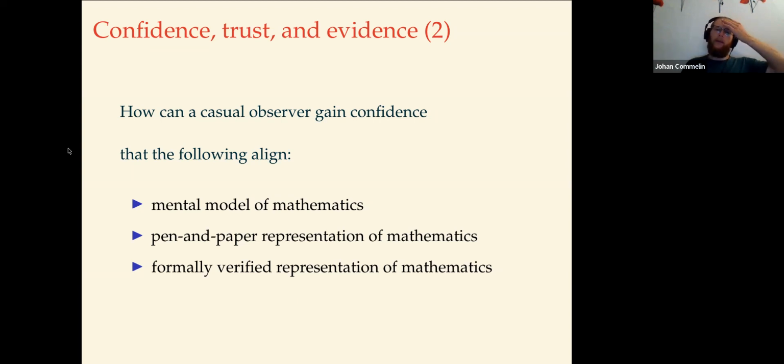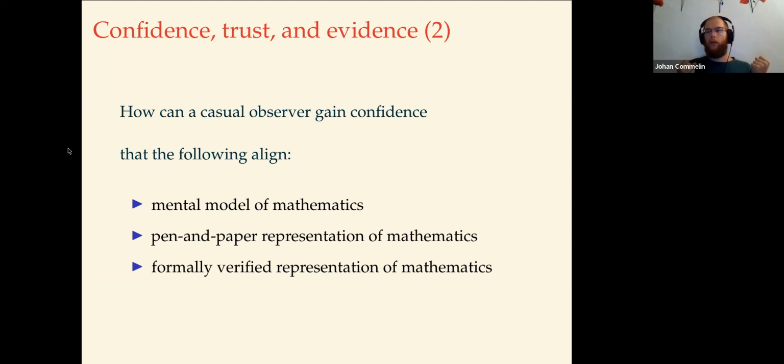Actually, I think this became quite clear during discussions that we had after the liquid tensor experiment was completed, that this question of gaining confidence and trust in the formal verification is very different for Peter Scholze and for other mathematicians, because Scholze has this mental model of what he's trying to prove, and that is his ground truth.